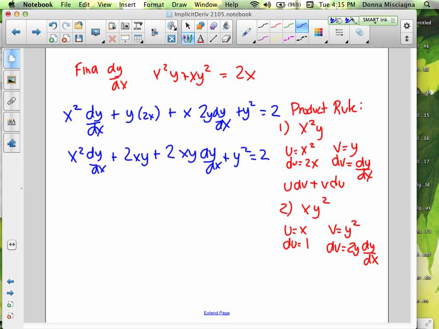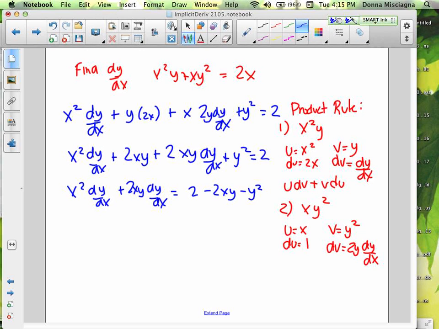All right, now we'll move the terms. So we have x squared dy dx plus 2xy dy dx equals 2, minus 2xy and minus y squared.